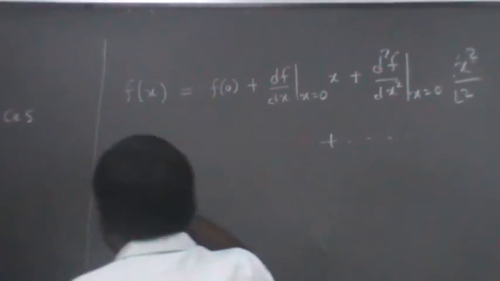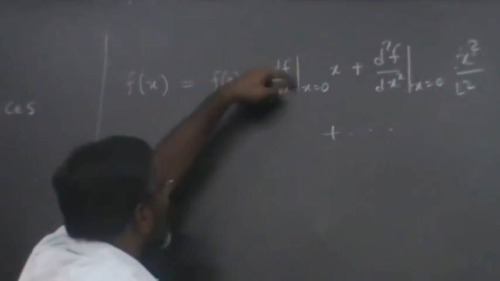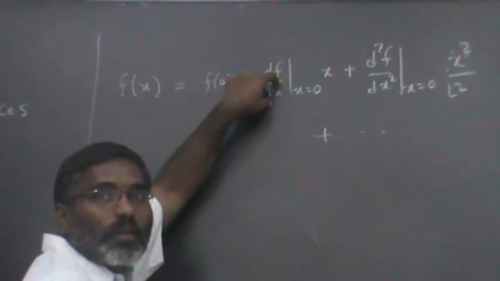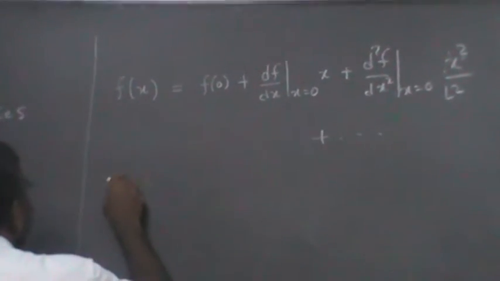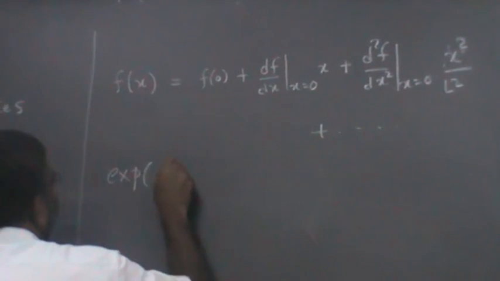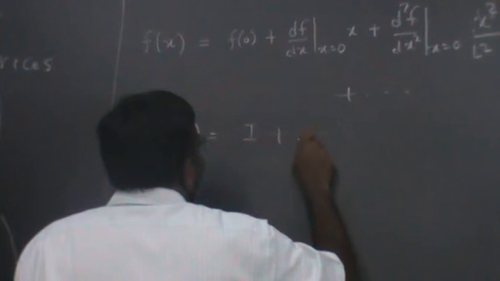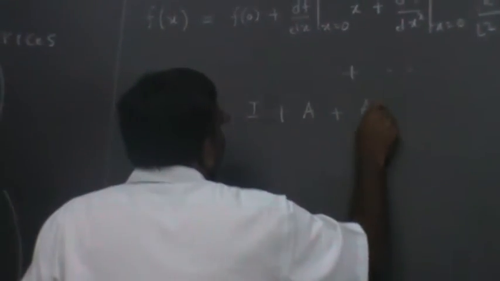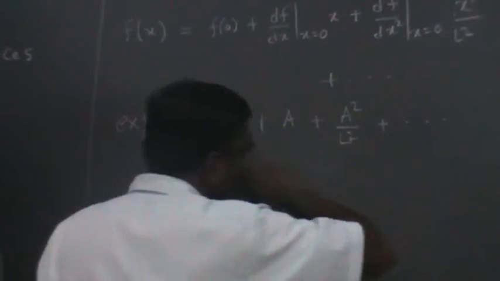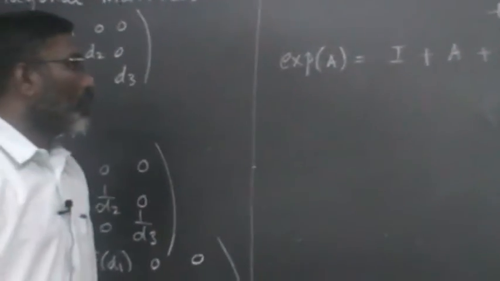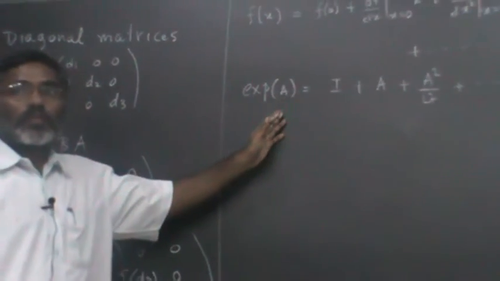Such an expansion can be done for f of A. Whatever the coefficient is for that function, you will put it there. For example, exponential of A is nothing but the identity matrix plus A plus A squared by factorial 2, and so on. So you can write it like this.